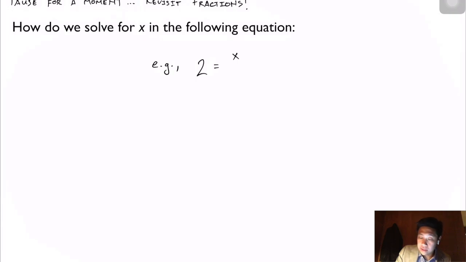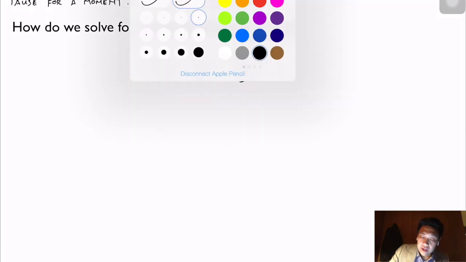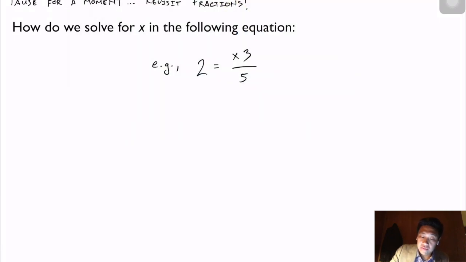Depending on the strength of your algebra skills or what you recall, some people may go about saying, oh, we could divide by 3, and if you divide on one side, you divide the other, and then you also have to multiply by 5, because once you multiply by 5, it gets rid of the denominator, and then you have to multiply 5 on the other side as well.